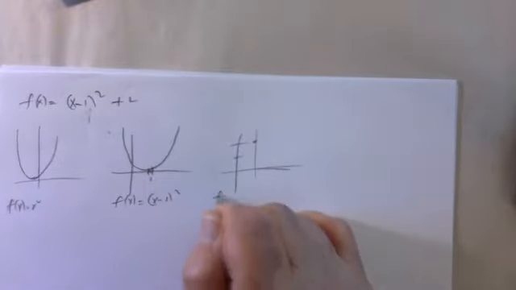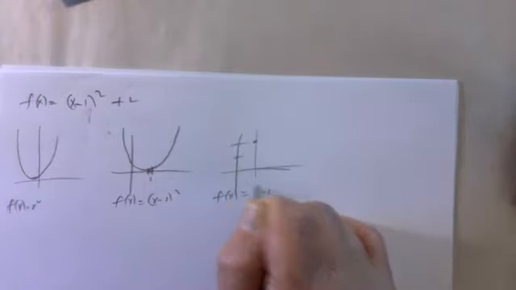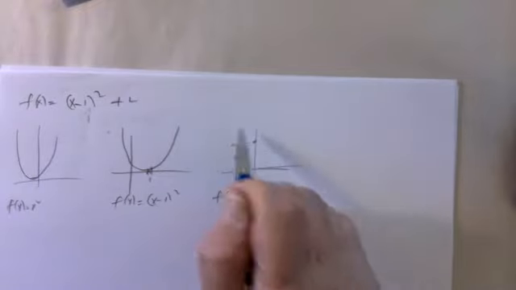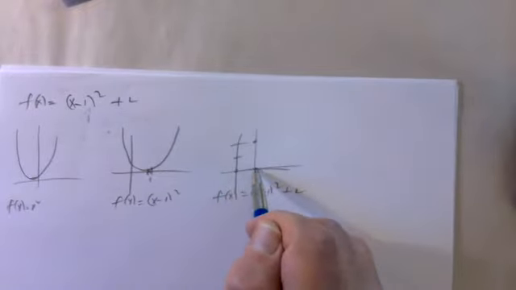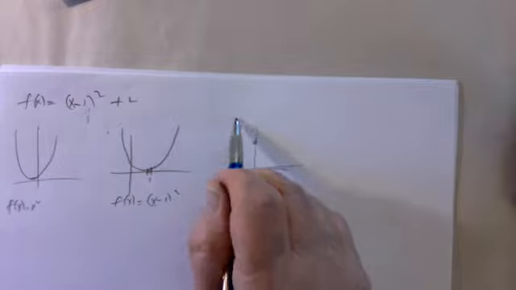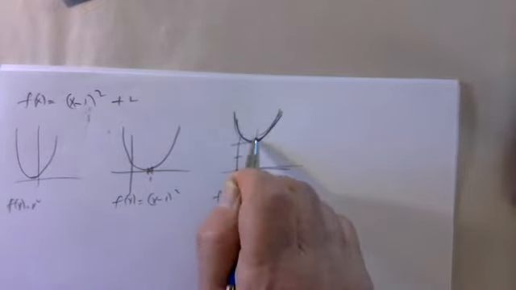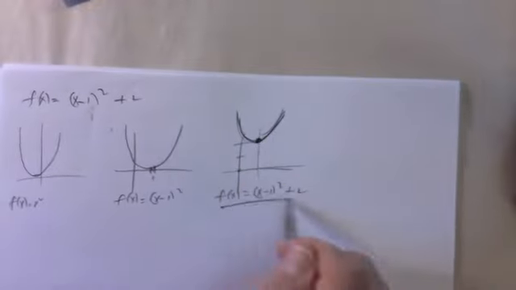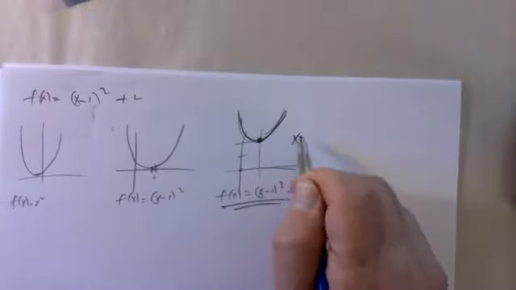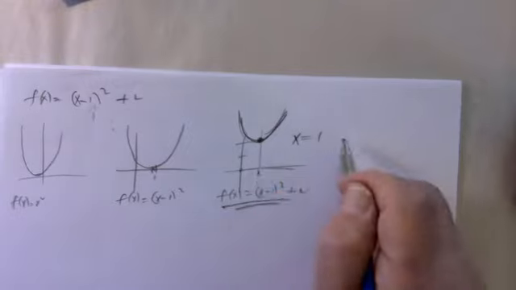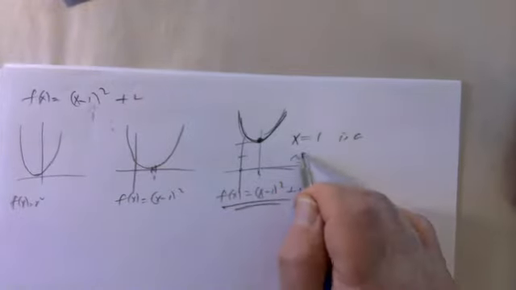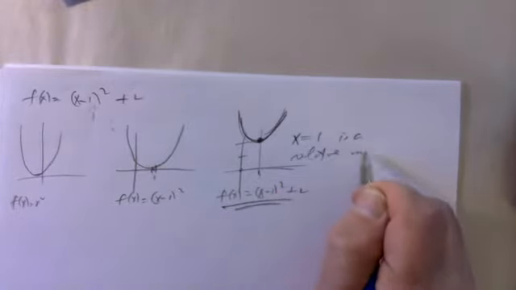And if you have f of x equals x minus 1 squared plus 2, that's the parabola shifted over by 1 and moved up by 2. So that looks like this. And it's clear for this function, x equal 1 is a relative minimum.